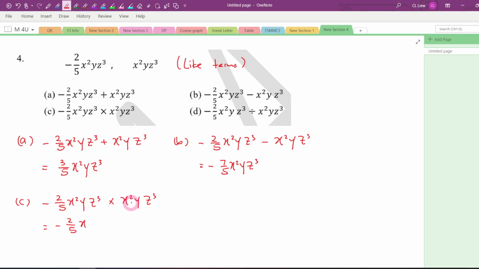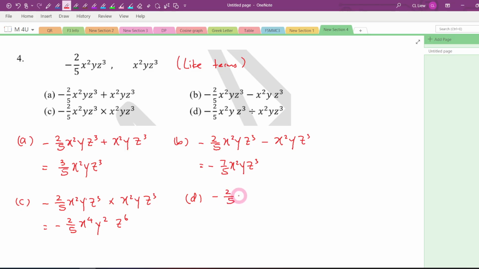So x squared times x squared, you will get x power 4. How do I get 4? 2 plus 2. Y power 1 times y power 1, you get y power 2, 1 plus 1. Z power 6, 3 plus 3. Why do we add them together? Because this is multiplication.